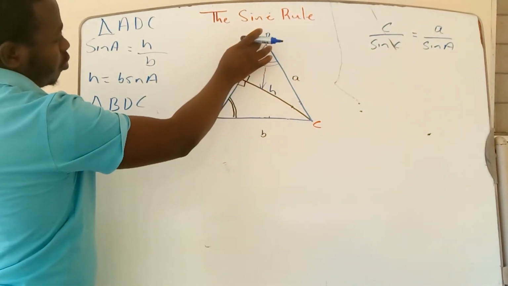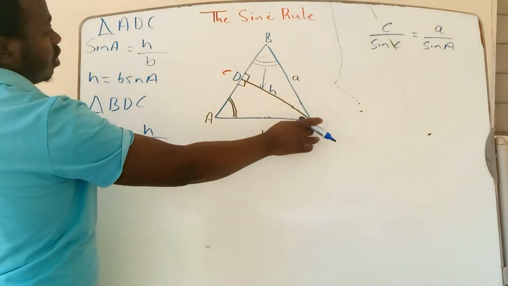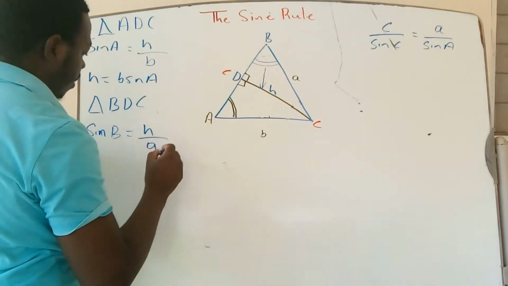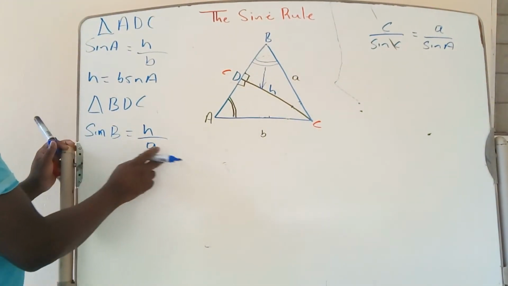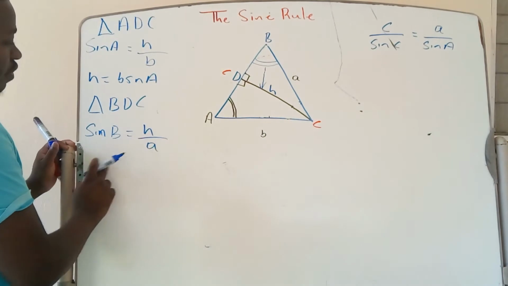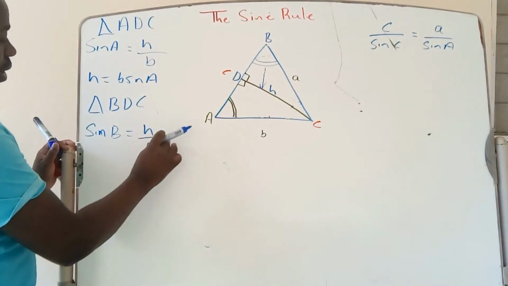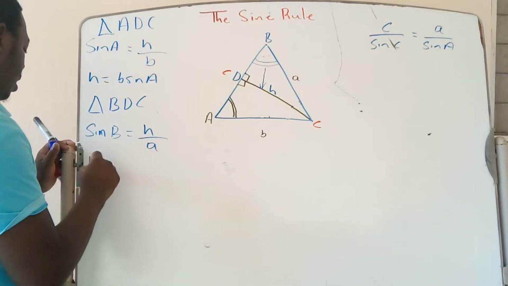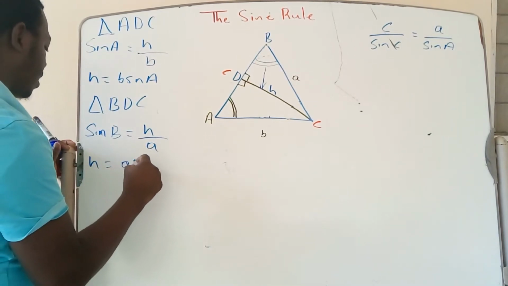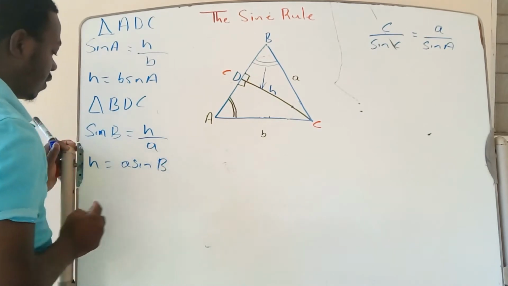Where's the hypotenuse? The hypotenuse is the line BC, which is just a here. But I want to write this equation in terms of h. So all I need to do is multiply both sides by a. If I multiply both sides by a, h is equal to a sine b, right?